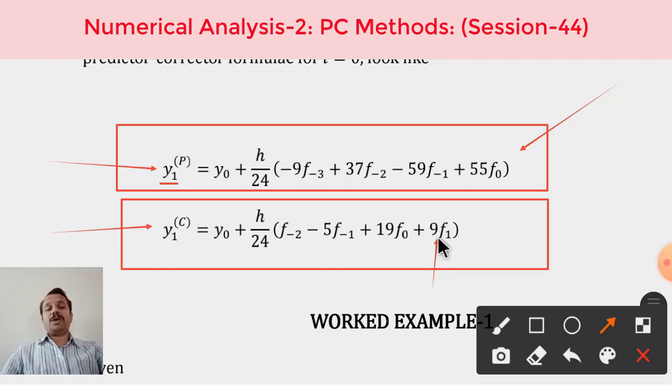F1 is f at x1, y1. Y1 is the unknown, but even then we are using y1 here, which is obtained from the predictor formula. So the predicted value we substitute here to get f1, and we simplify this expression to get the first corrected value of y1. Once we get the first corrected value of y1, we can further substitute the value so obtained in this place.